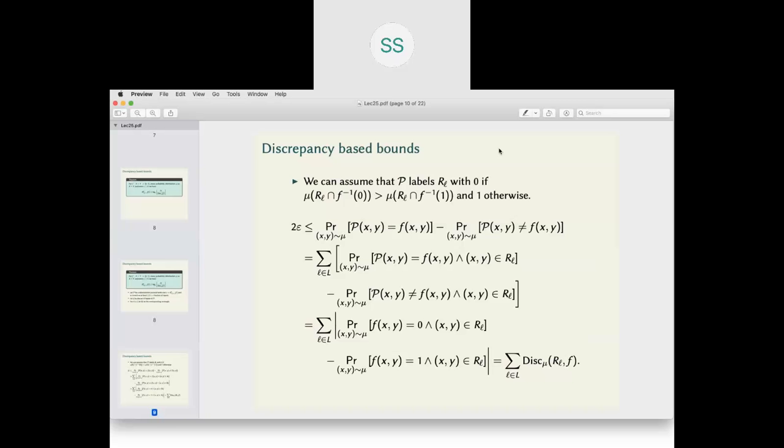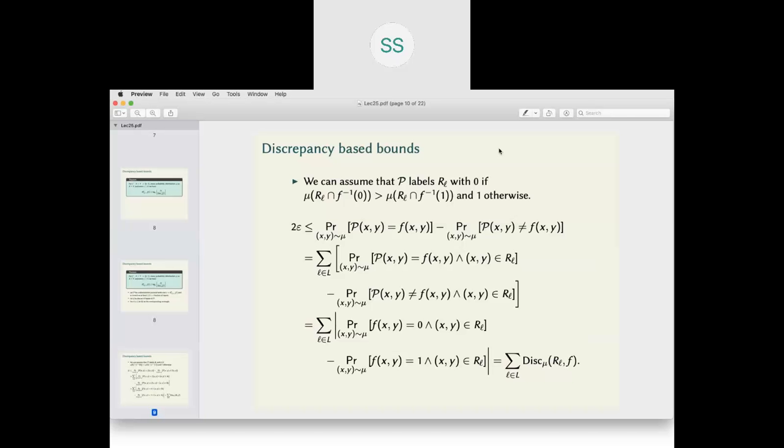So now instead of saying pxy equal to fxy and pxy not equal to fxy, let's say pxy is 0. So we can say fxy equal to pxy is fxy equal to 0. Fxy not equal to pxy is the same as fxy equal to 1, right? Now, if the pxy is actually 1 in the rectangle, it is the same thing, but with the signs flipped.